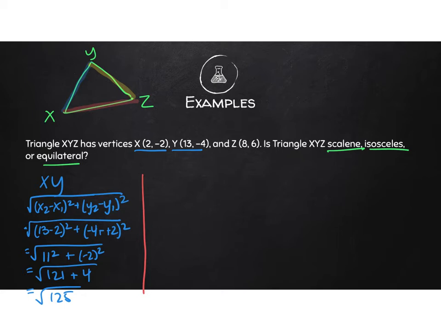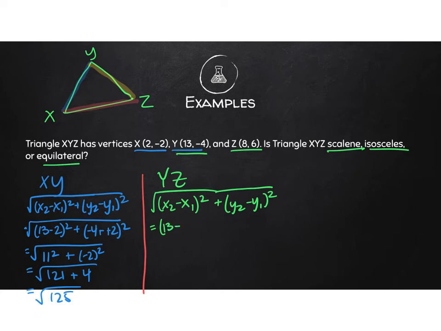Next, we're going to look at YZ. Again, using our distance formula, we always start with the formula, x2 minus x1 squared plus y2 minus y1 squared. I am going to call x2 13.